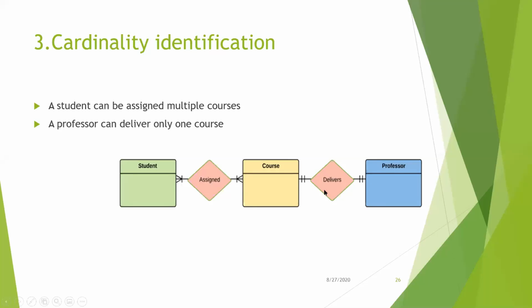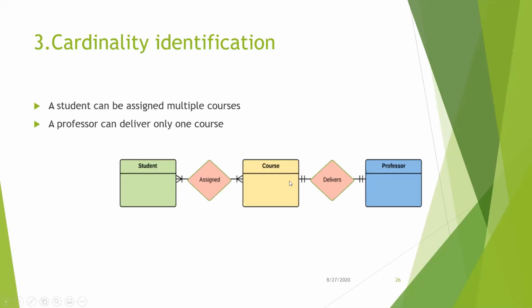And again, we will go between the entities course and professor. They gave a condition: a professor delivers only one course to maintain the quality of teaching. So that's why here it is a one relation. There is a symbol you see, participation, and there are two vertical lines. That means here there is a one participation. So one professor can deliver one course.